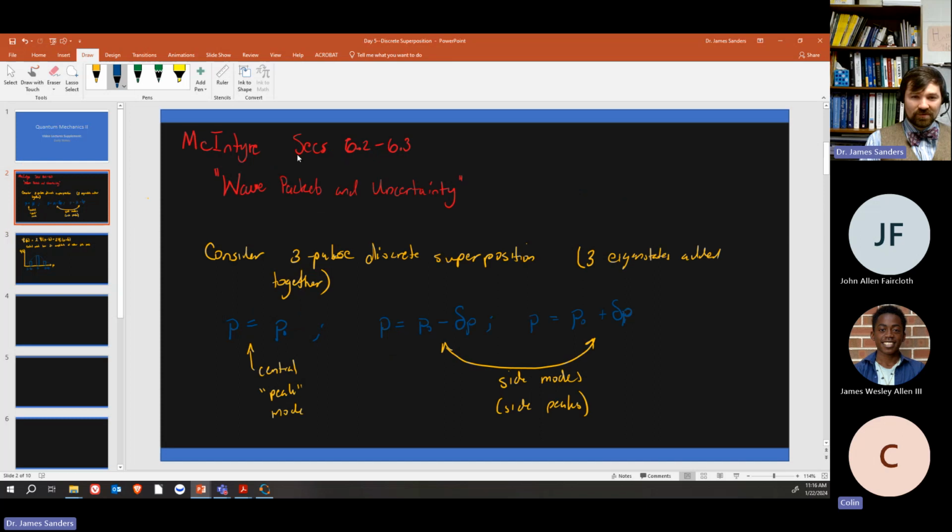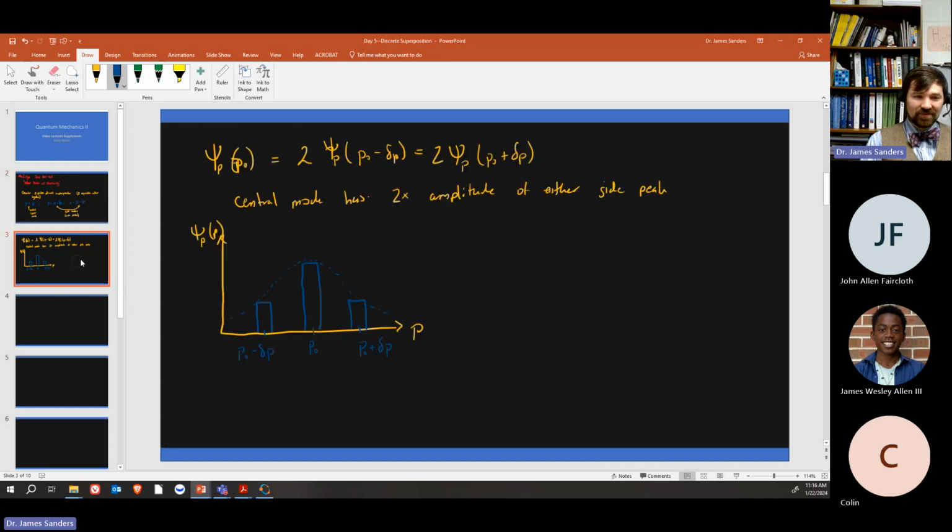So we're looking in sections 6.2 and 6.3 of the book. And I'm just sketching the superposition that we want to look at for our free particle. Right now, we just want a discrete superposition. Later, we'll do a more continuous one. So in some sense, what's going on here is you're getting a distribution or a superposition that you expect to look kind of like this as a sketch. You have one that has an amplitude like this.